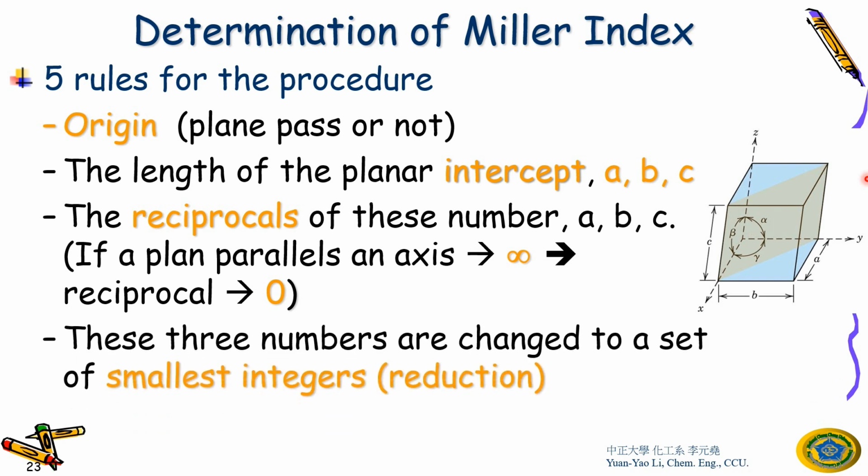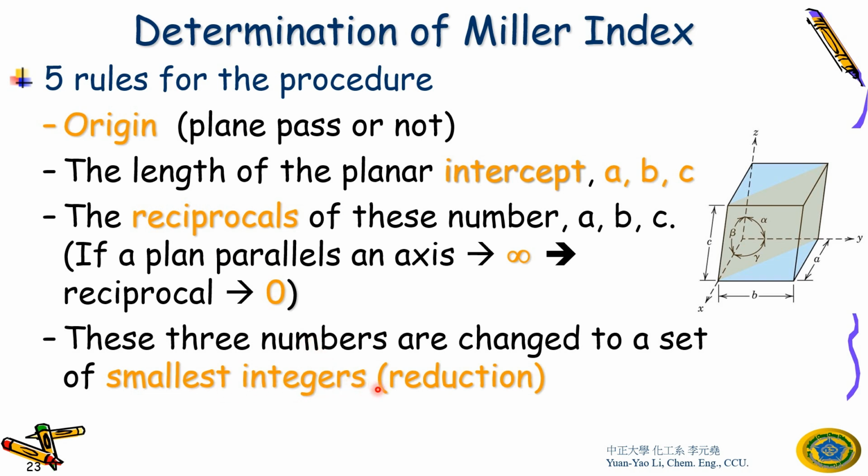Step 4: after the reciprocals, these 3 numbers need to become the smallest integers.